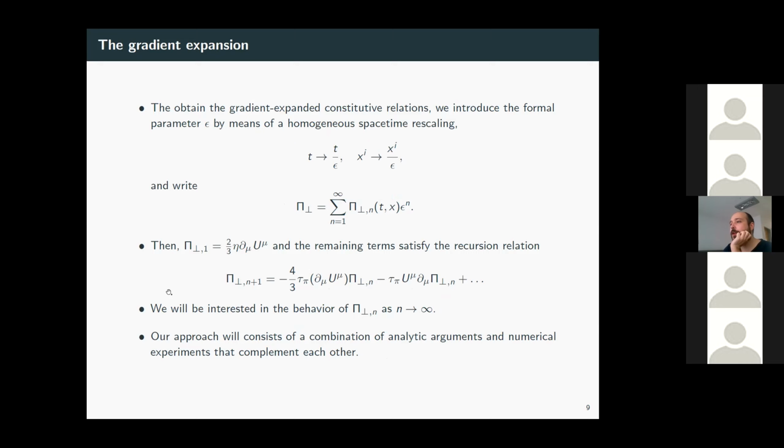Okay, so we have this expression for pi perp, and the question we're interested in is determining the behavior of these coefficients as n goes to infinity at a given spacetime point. And our approach is going to consist of a combination of analytic arguments and numerical experiments that, as we will see as I go, complement each other.